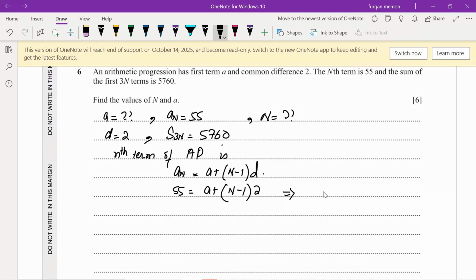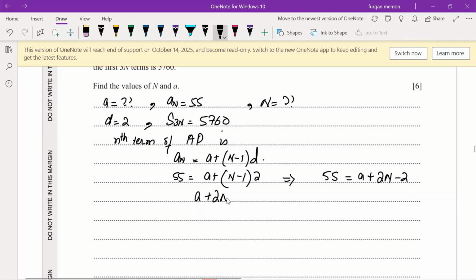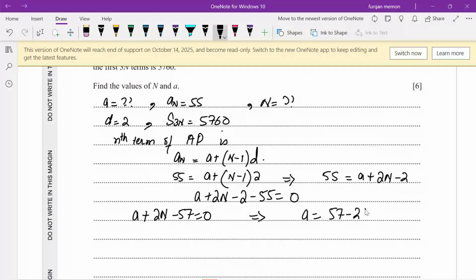So when we solve it, it becomes 55 equals a plus 2n minus 2. Moving 55 over, a plus 2n minus 57 equals 0, and a equals 57 minus 2n.